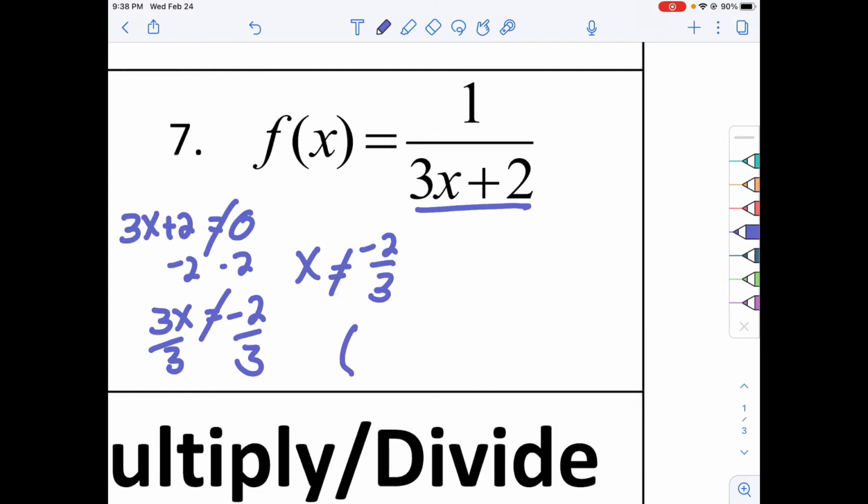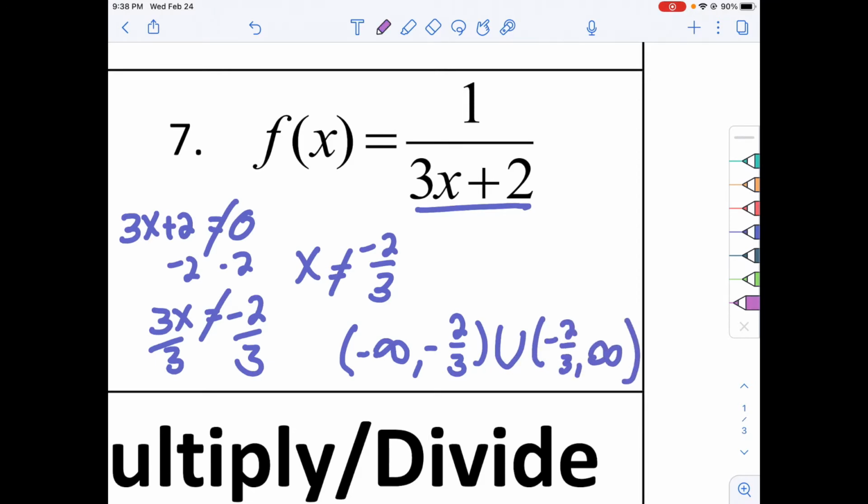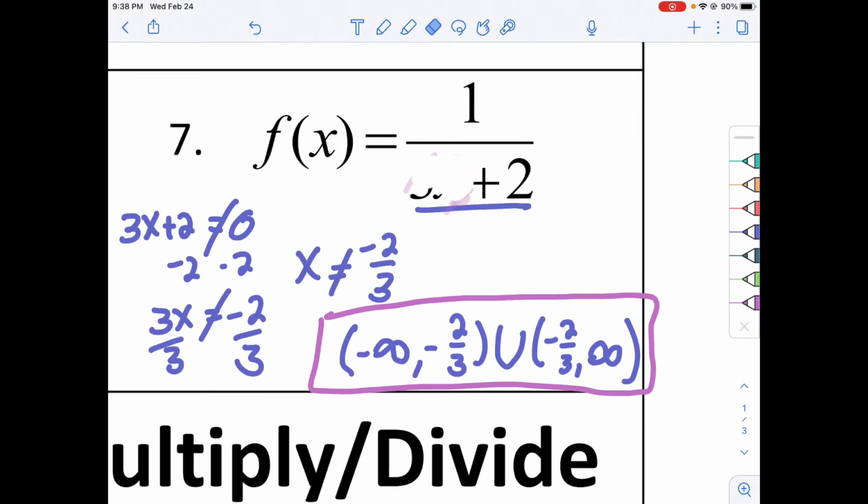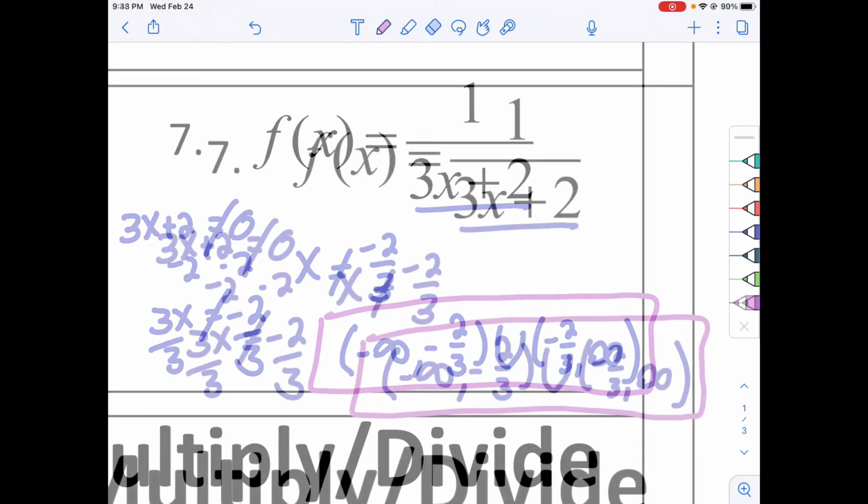Just like the last one, from negative infinity to negative 2/3, parentheses union, negative 2/3 to infinity. All right? And that's because we need to jump over negative 2/3. We can't have that as a number. As soon as you plug in negative 2/3, right, you're going to get negative 2 plus 2. And that's just 0. We can't divide by 0.